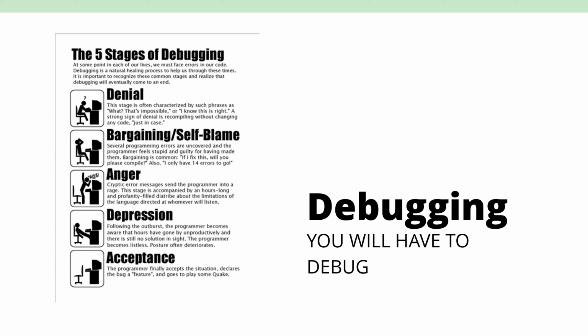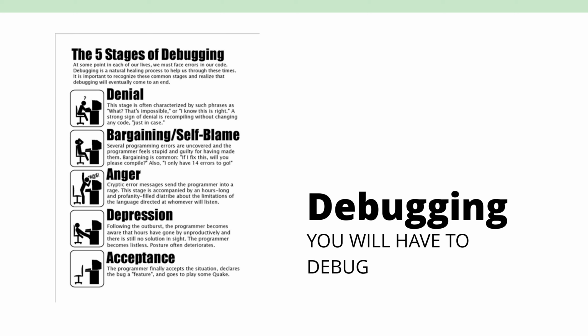That's okay. Maybe you just need to take a walk around the classroom, take a walk outside, touch grass. That's okay as well. So again, remember, you're going to have to debug, but how you approach debugging will really determine your success.